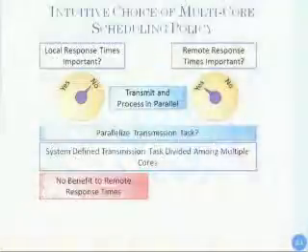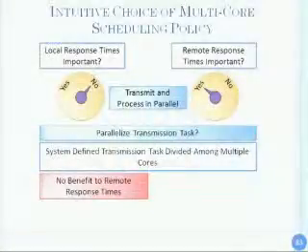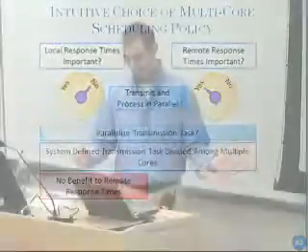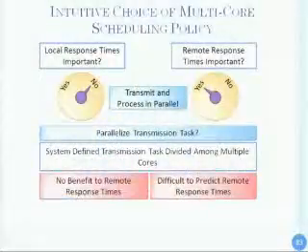A single core can't keep up with the network card, let alone multiple cores. And there's another reason why you should be careful to parallelize the transmission task. It makes predicting remote response times difficult. In particular, the operating system can schedule the send calls by the cores in arbitrary order, so we don't know the order in which the network card is actually going to transmit, and therefore we can't predict the remote response times.